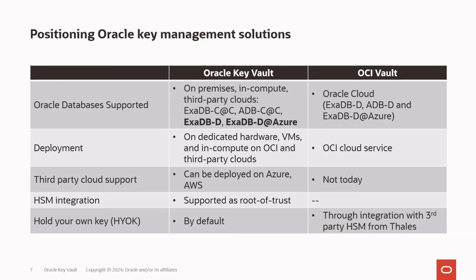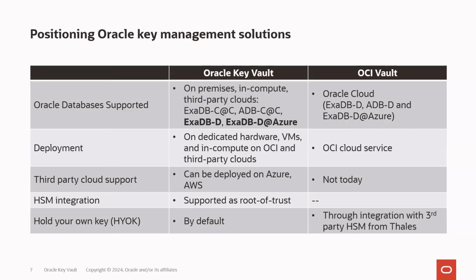So for the HSM integration, if we have an HSM, we do not support HSMs for direct TDE key management because normally HSMs do not scale to the load that 5,000 or 18,000 encrypted databases put on a key management system. And so we use an HSM to protect OKV.